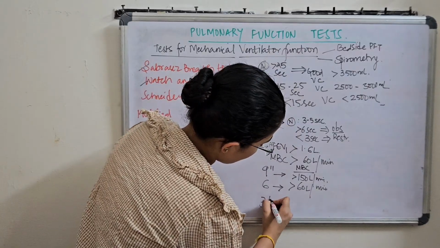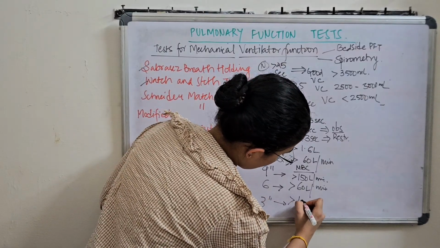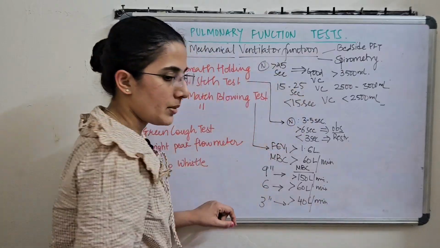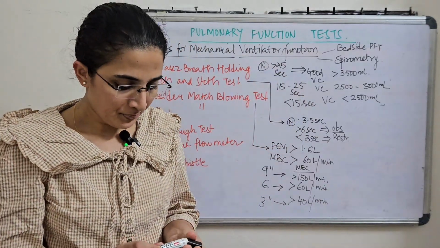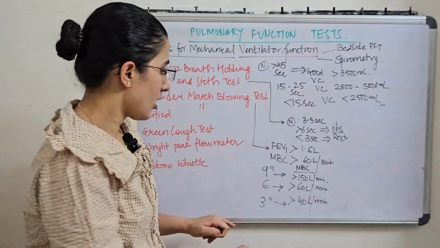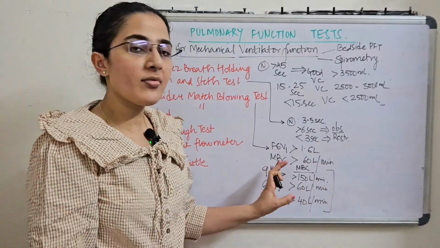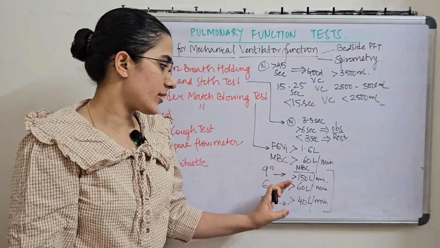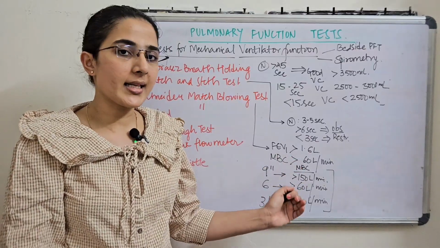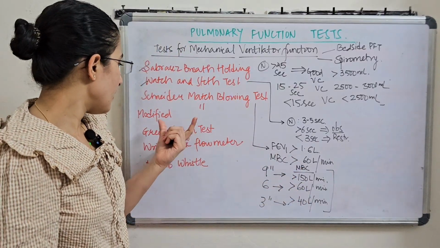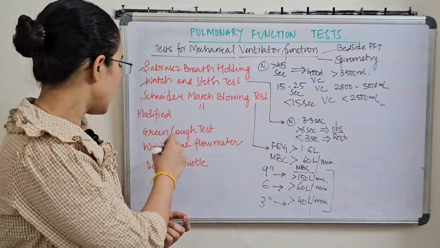At 3 inches, his maximum breathing capacity is 40 liters per minute. So this is the modified Schneider's match blowing test, where at various distances we can calculate the maximum breathing capacity, right?